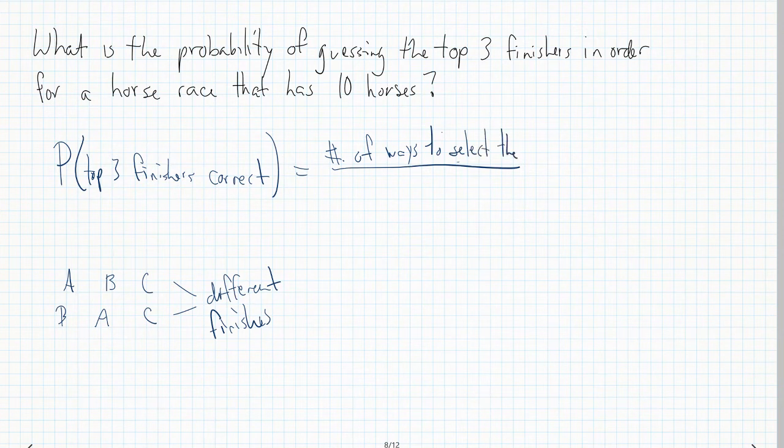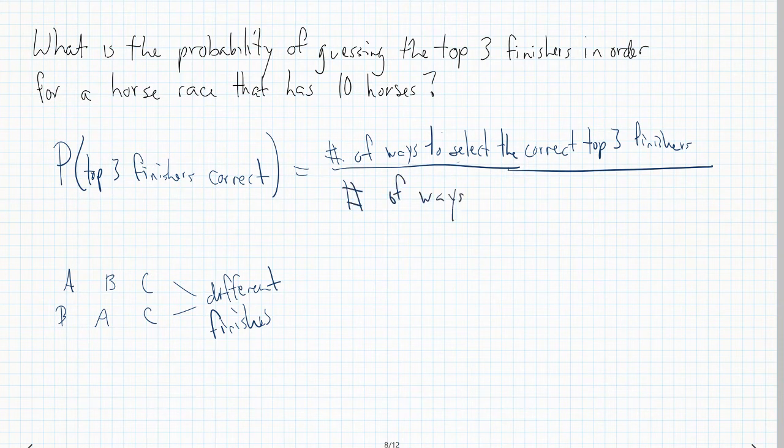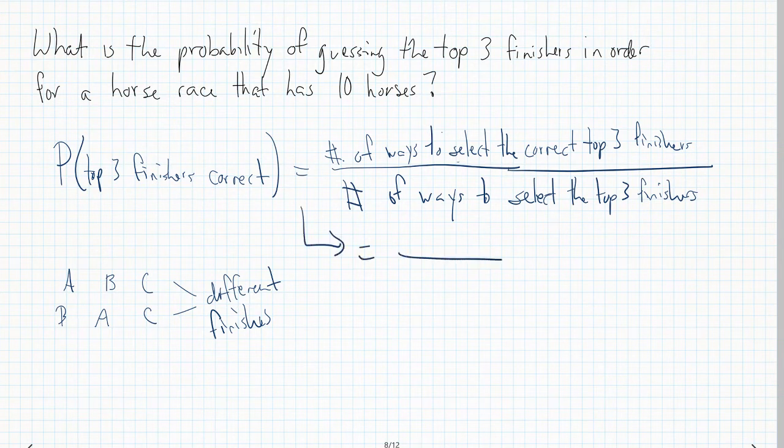Number of ways to select the correct top 3 finishers. And this would just be the number of ways to select the top 3 finishers. Notice this isn't necessarily correct in the second case. So moving that down, here's how we go about doing this.